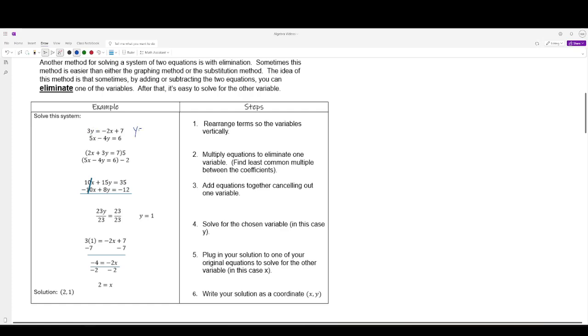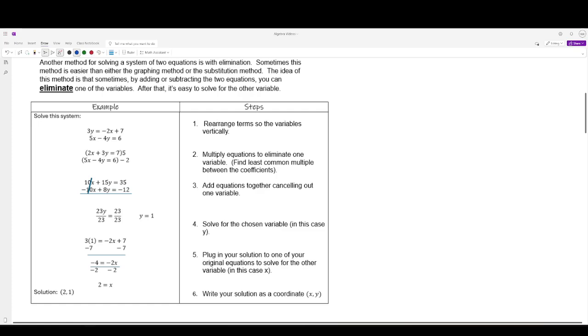Then I have y equals negative 2/3 x plus 7/3, and then I have to substitute that in for y here. So I'm multiplying negative 4 times these thirds, and it just gets really, really ugly. So rather than doing that, we're going to use this new method called elimination.